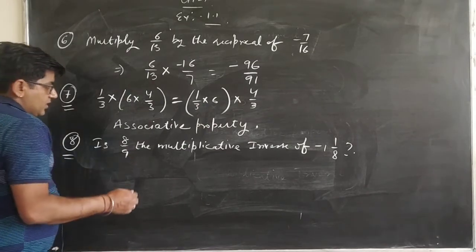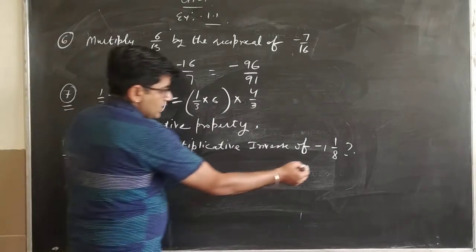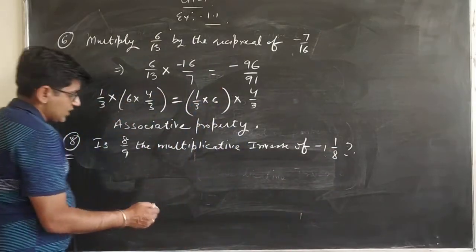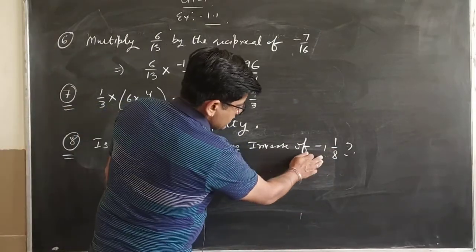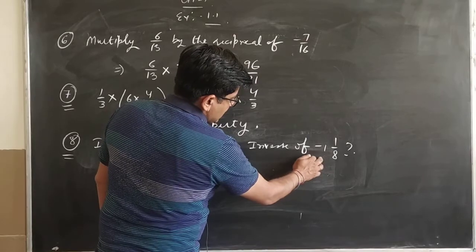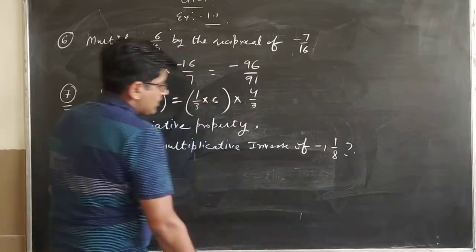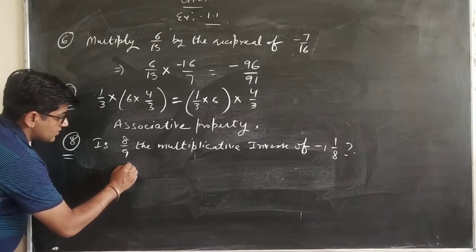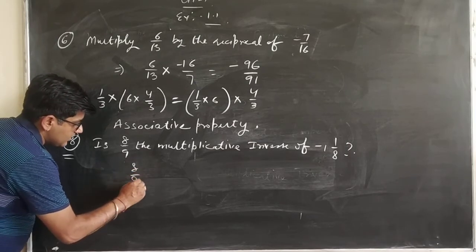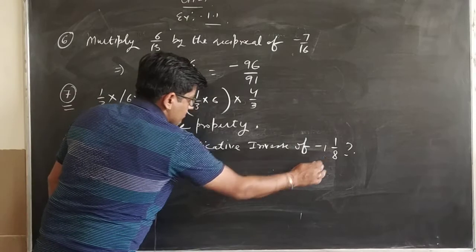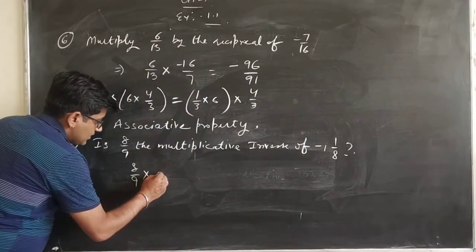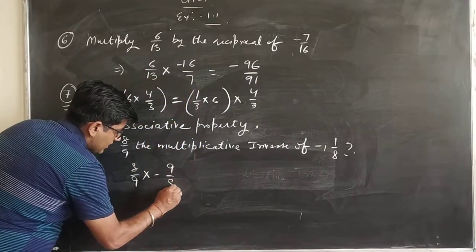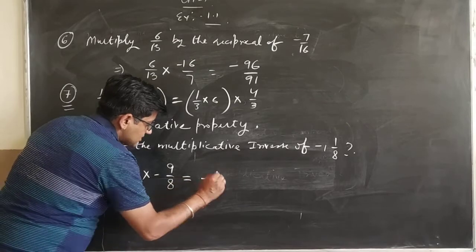Now for checking it, this is 8 upon 9 and the other is in mixed fraction, you can change it into minus 9 upon 8. So here you can see that 8 upon 9 multiplied by minus 9 upon 8 will give minus 1.